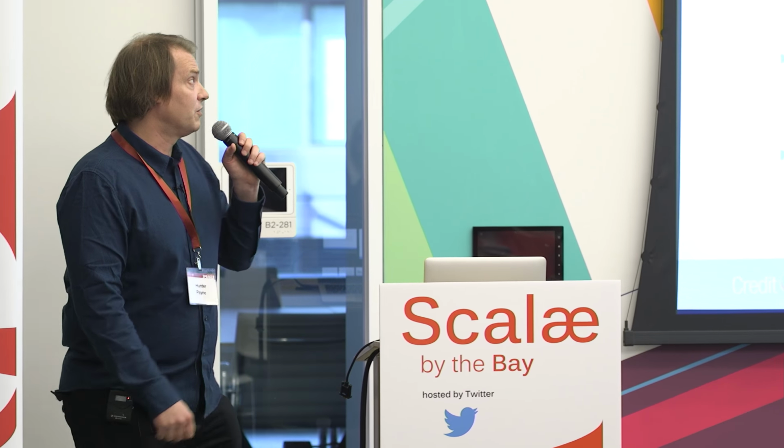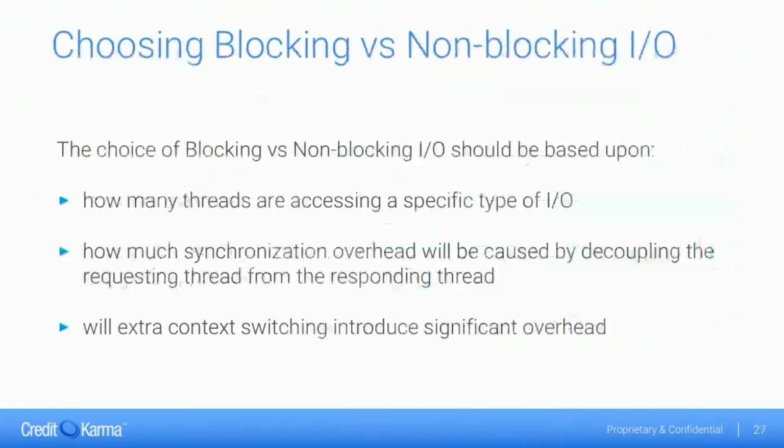So when should you use one versus the other? Well, it depends on how many I/O resources you're handling, how many handles you're interacting with, which is basically how many sockets or files you're interacting with. If you're interacting with a very large number of them, you definitely want to use non-blocking I/O.